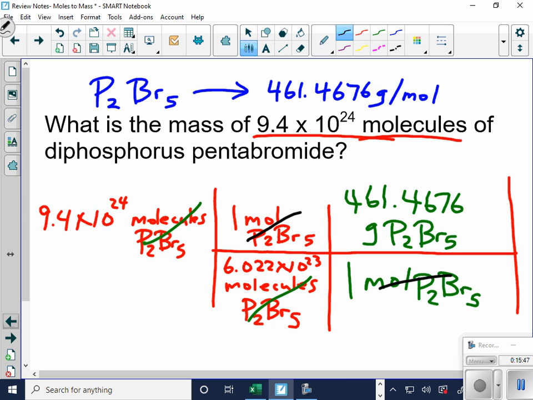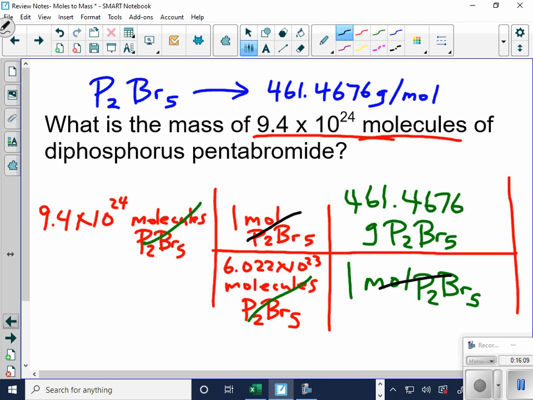No. So I'm going to multiply that by 461.4676. I hit my enter button. I execute my answer. Then I'm going to divide by the bottom. So I'm going to divide then by 6.022 times 10 to the 23rd, Avogadro's number.